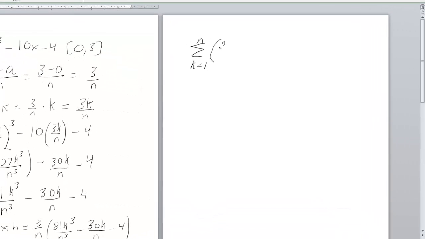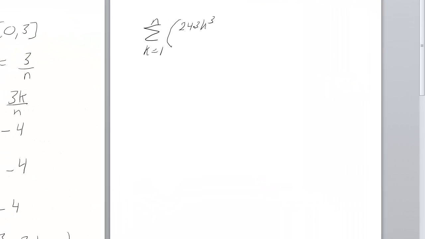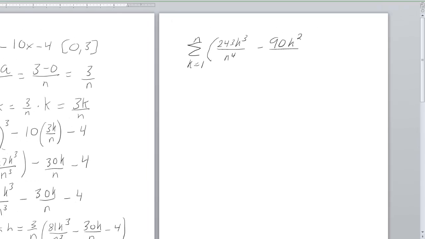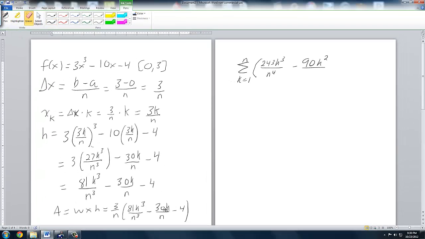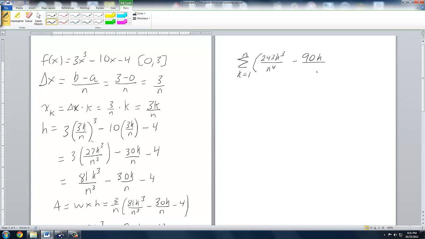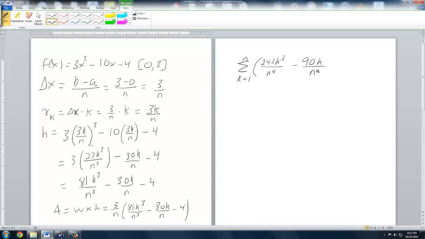Actually, that should be 90k over n squared, not 90k n to the second, so I'll erase that. See, we all make mistakes. So 90k over n squared minus 12 over n.